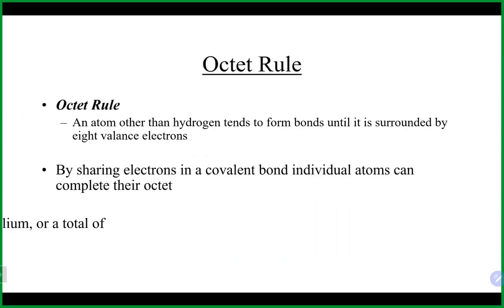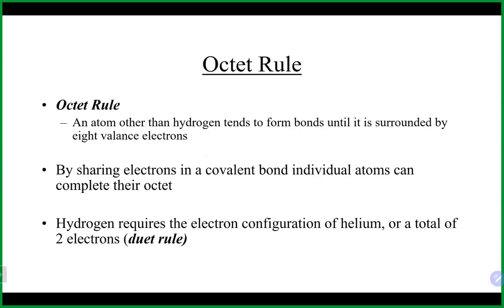So we've touched upon this as we've been talking, but officially, the rule that everybody follows when we do bonding is what's known as the octet rule. The octet rule basically says that everybody will continue to make bonds until they have 8 valence electrons around them.